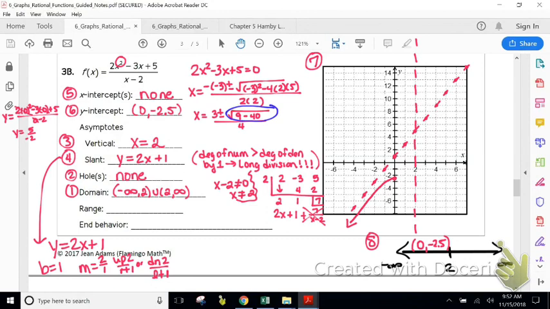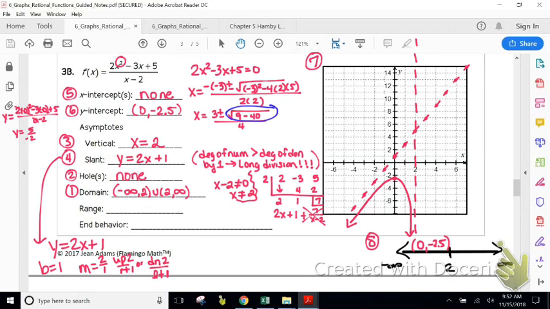And as I come out of the right of it, that vertical asymptote is going to shape it. It's like a lopsided parabola, right?